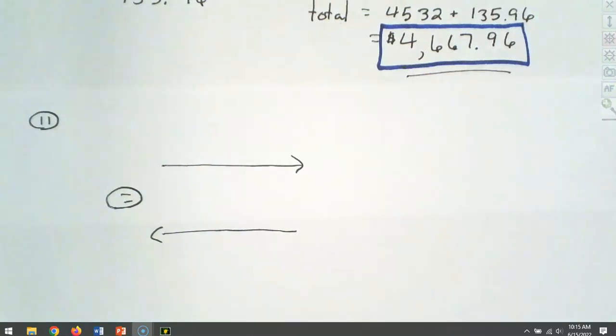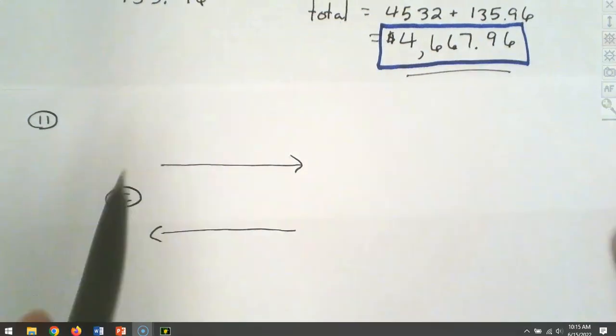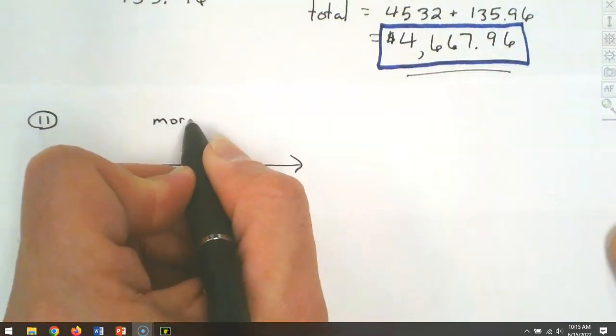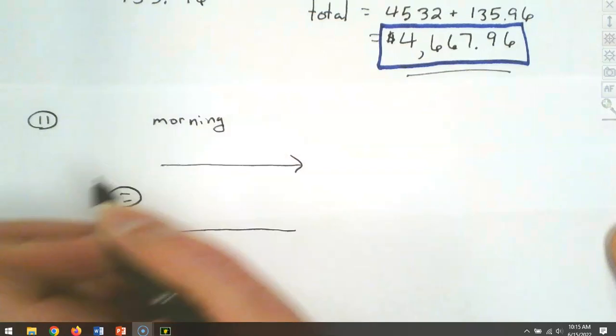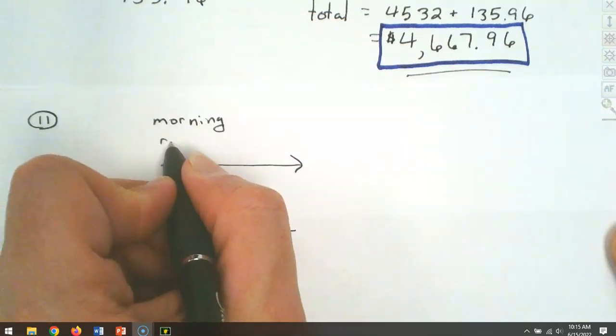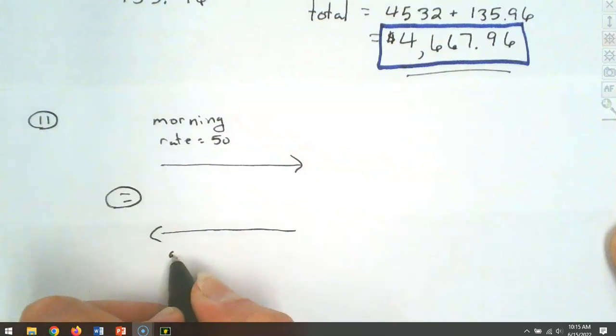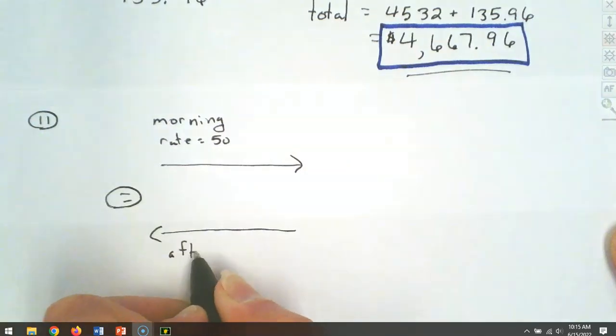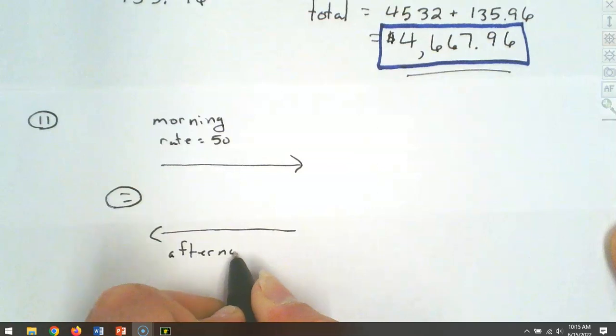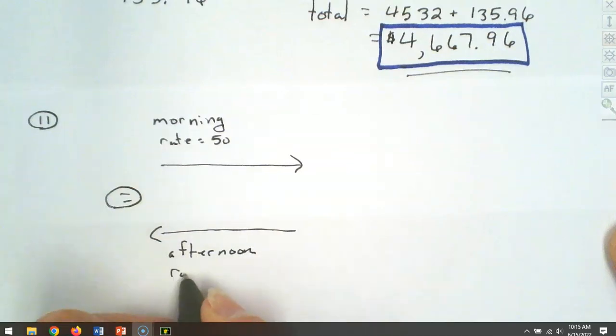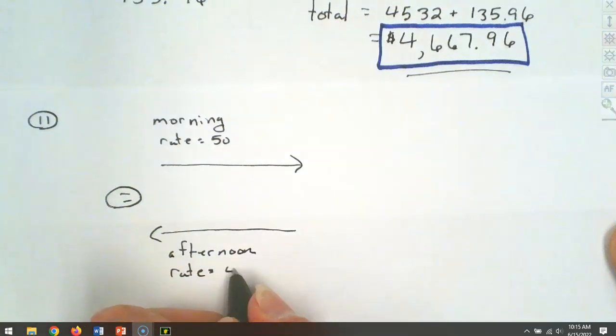Now, what do we know about these distances? We have a rate, a time, and we calculate the distance. So my rate, when we go in the morning, is 50. Rate in the afternoon, well, that rate is only 40.